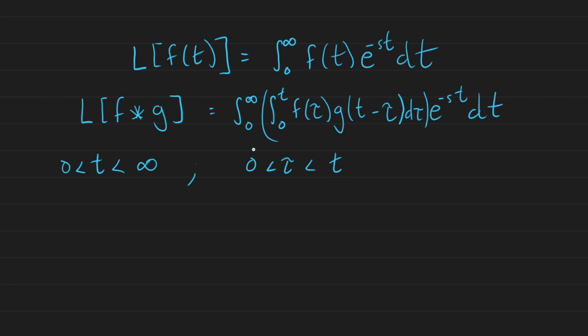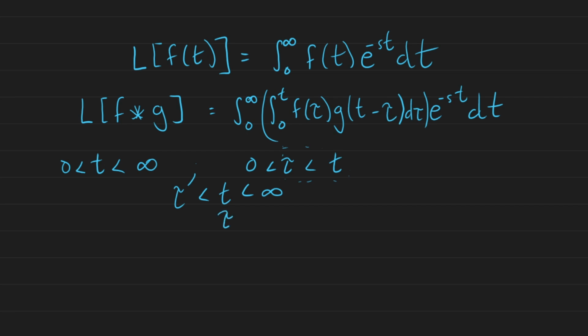So let's just think about t for a second. You can see that t is more than 0, it's between 0 and infinity, but this second inequality says that t is actually more than tau. So the lower boundary of t is actually tau, and the upper boundary is still infinity.